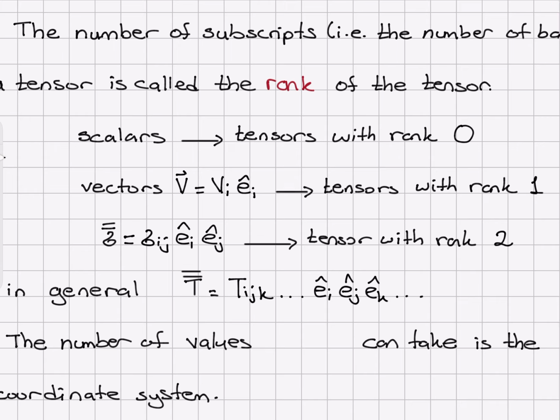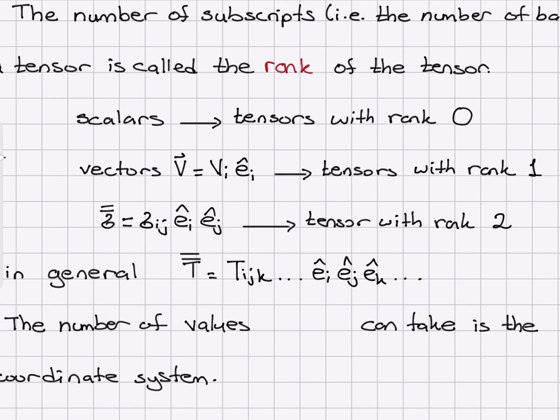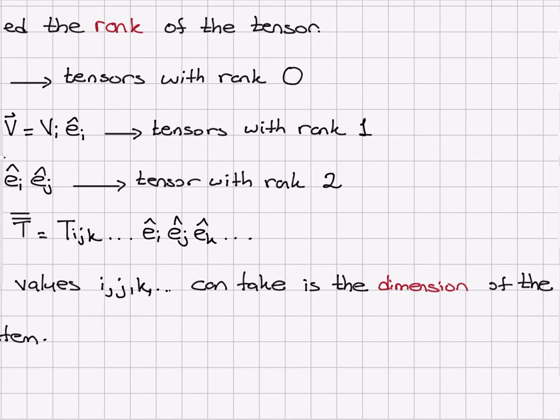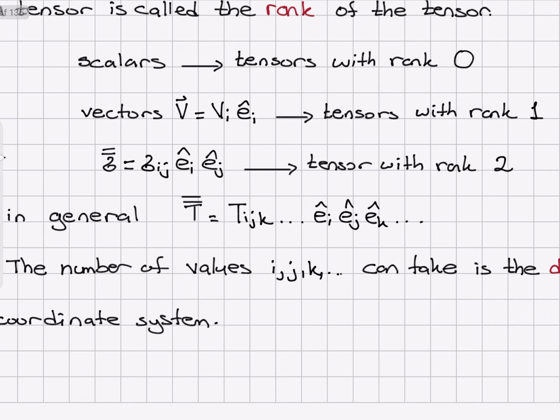Now these i, j, k can take a certain number of values. The number of values these subscripts can take is the dimension of the coordinate system that we work in.